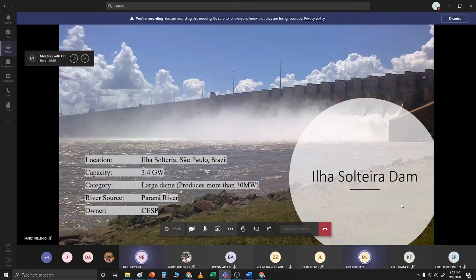Ang location po niya ay sa Ilha Solteira, Sao Paulo, Brazil. May capacity po siya na 3.4 gigawatts, kaya kasama po siya sa category na large dam. Large dam po yun, sir. Okay. Ang river source po niya is Parana River. Ang owner niya po ay si ESP.